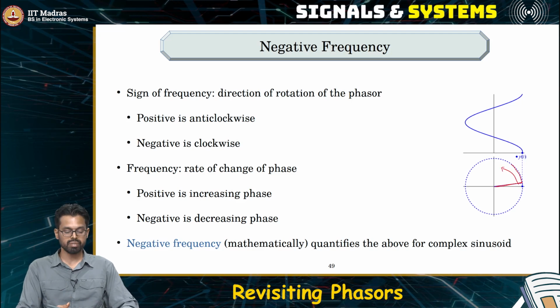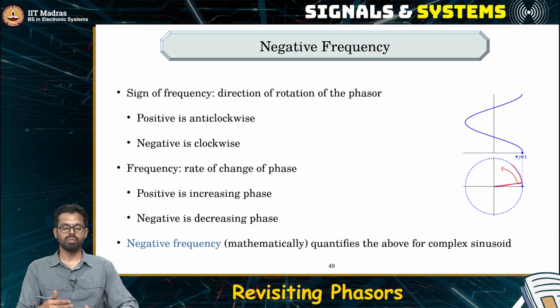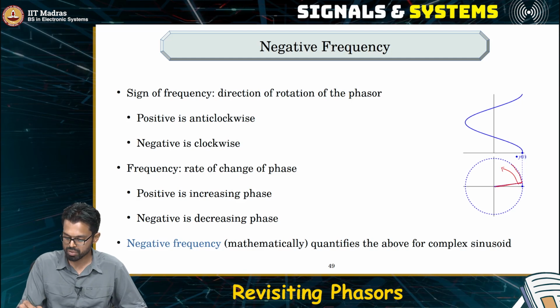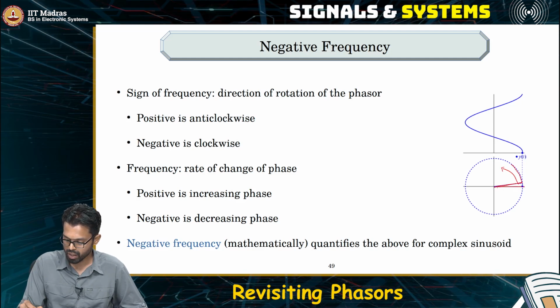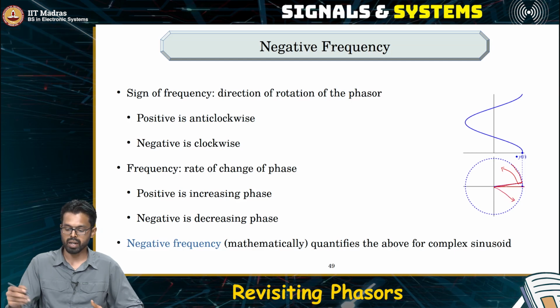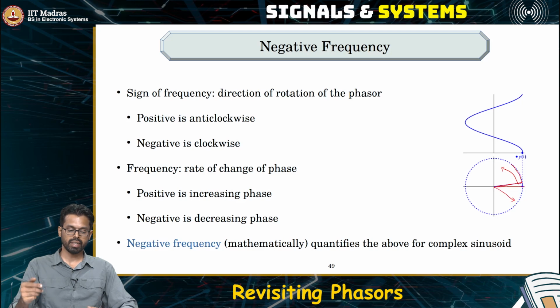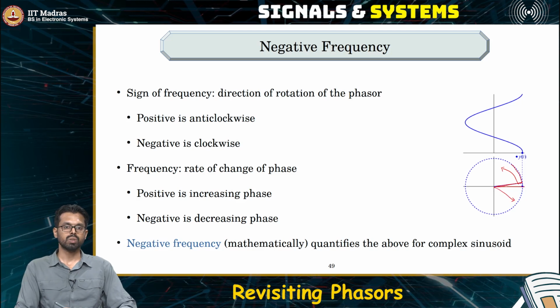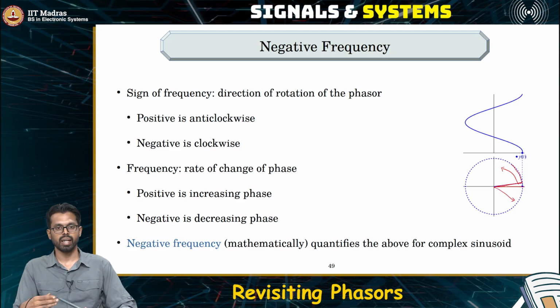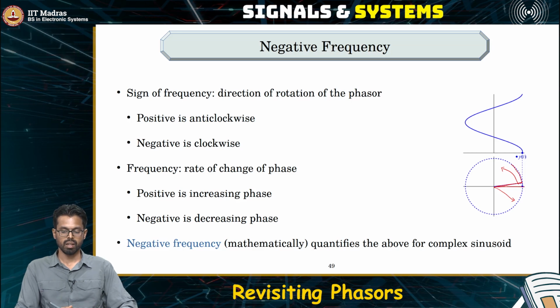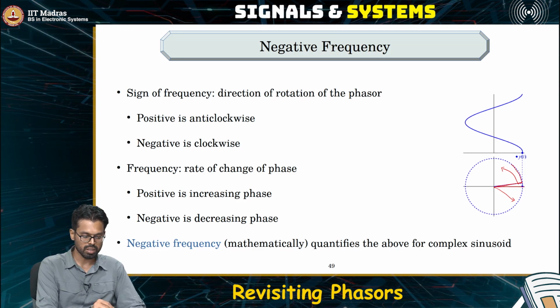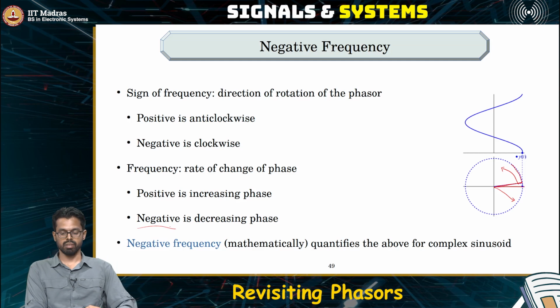The rate of change of phase is positive and hence the frequency is positive. But what if the phase is starting at 0 and then it is coming down, it is becoming -1, -2, -3 and so on, minus pi and so on, then the phase is reducing. So the rate of change of phase is negative, that is the derivative of this is negative. So that is what we refer to as the negative frequency.